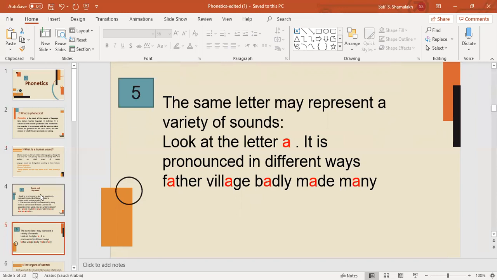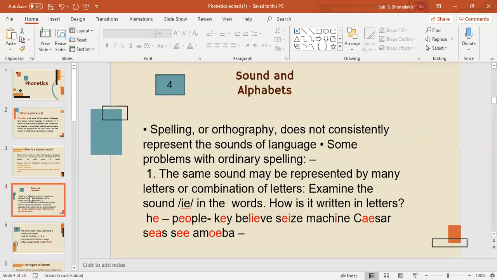Spelling, or orthography, is inconsistent with the sounds. Yani spelling is not the same as what you read or what you pronounce.